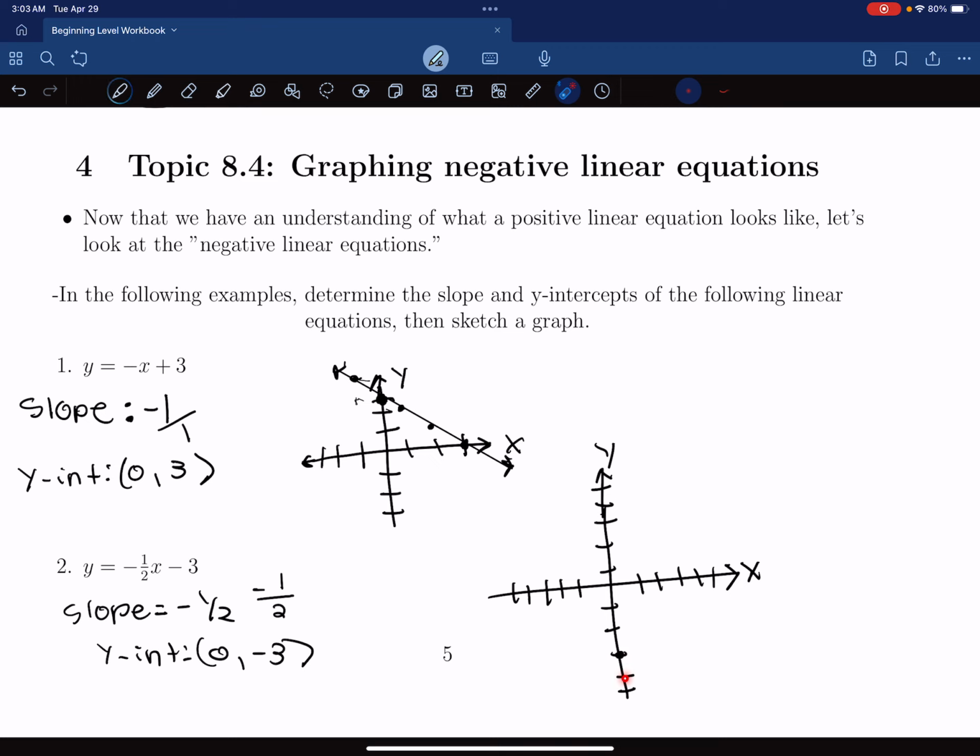So we're going to be going down by 1, and going right by 2. So we're going to go 1, 2, here, and then go here, and then we're going to go up by 1 and left by 2, and then up by 1 and left by 2, and then we can draw out this line.